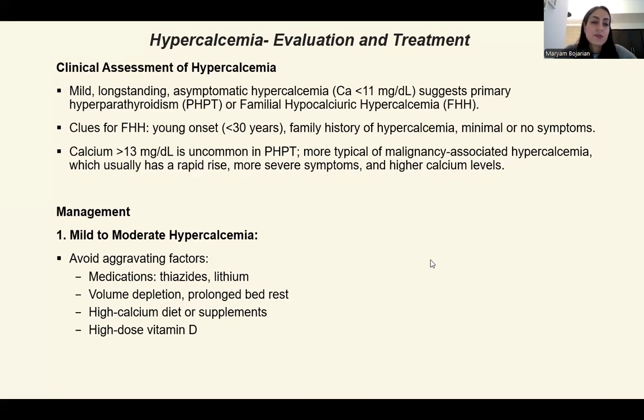Do not tell your patient to stop taking calcium through diet, because if your patient has low vitamin D, stopping dietary calcium can increase parathyroid hormone and worsen the hypercalcemia. Definitely we don't give high-dose vitamin D, but we do not stop everything.